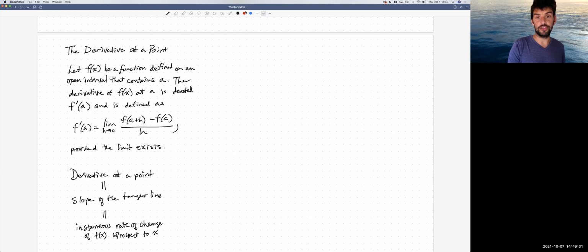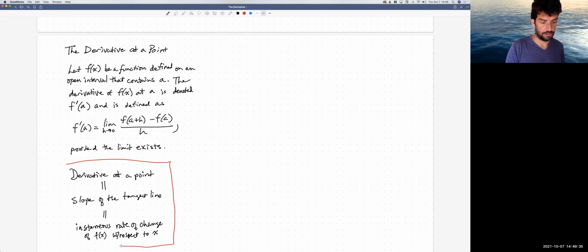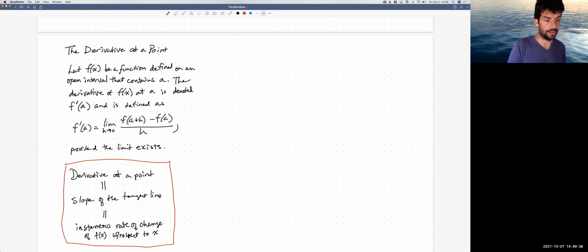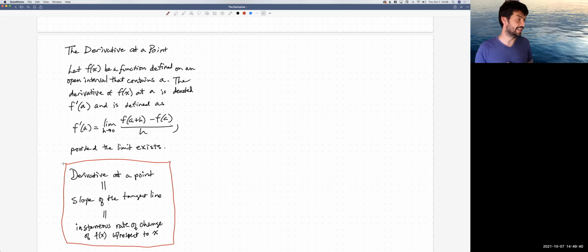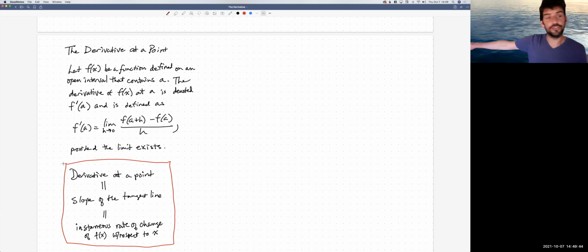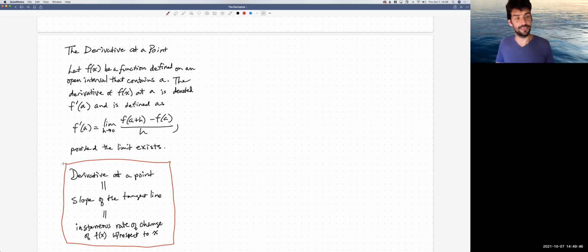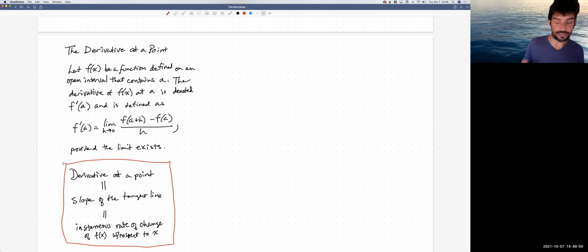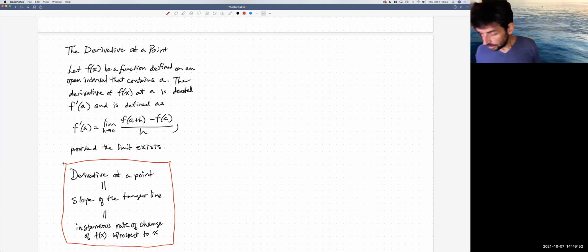And so we always need this connection in our heads, right? When we start computing lots and lots of derivatives, it's easy to kind of put the reasons for it and what it represents behind us and forget, but this is always what it is getting at: the slope of the tangent line and the instantaneous rate of change.